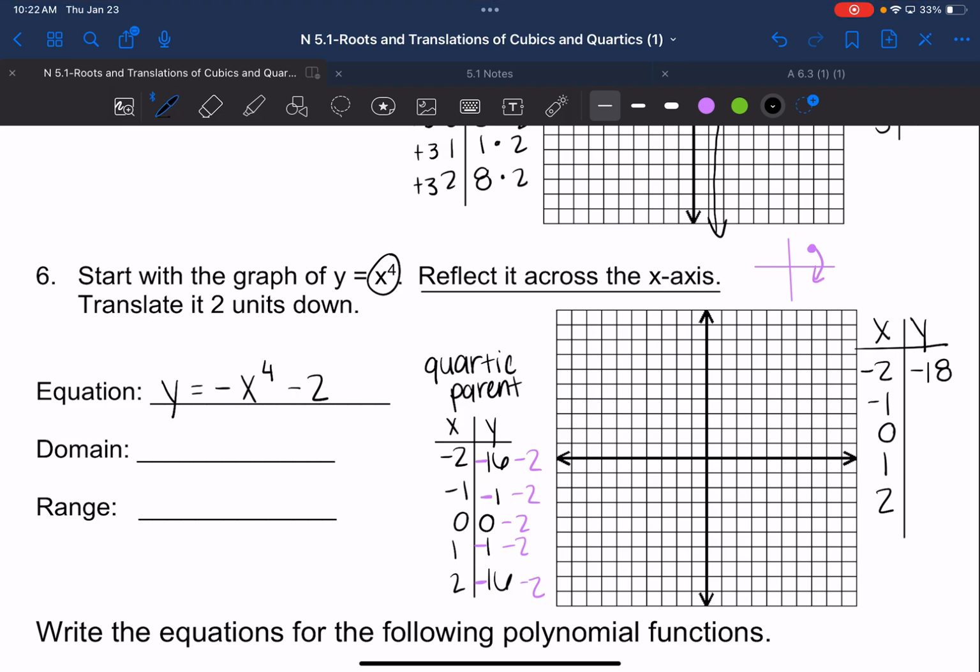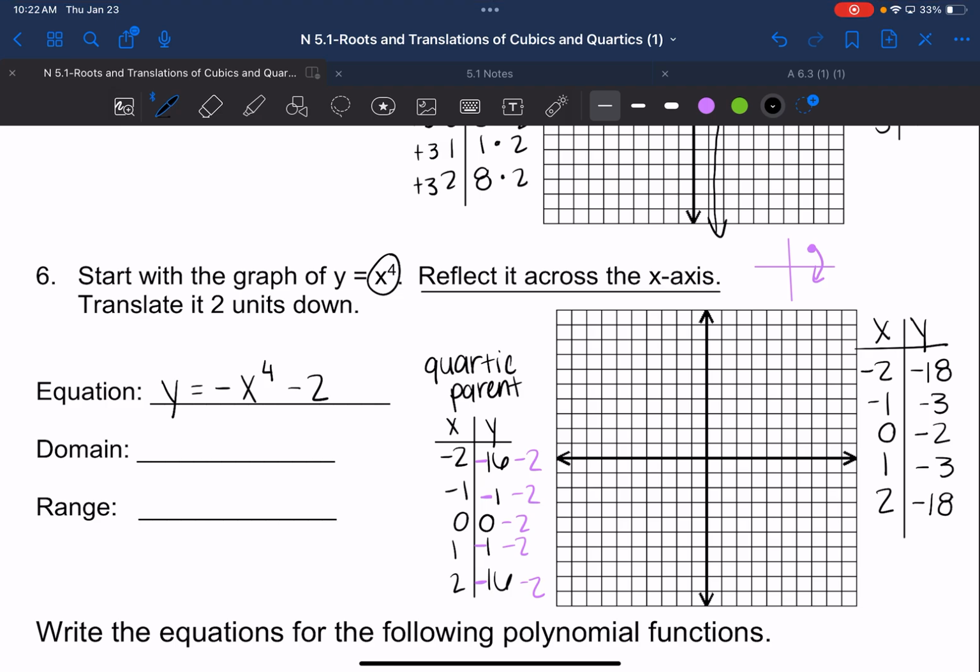Good. All right, and then that 1 became negative, so now I've got -1 minus 2. That's going to be -3. Okay, and then 0 minus 2, right, and -1 minus 2, right, and then -16 minus 2 is that -18, right?